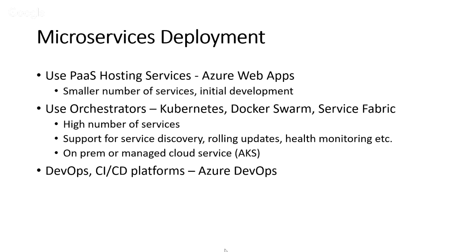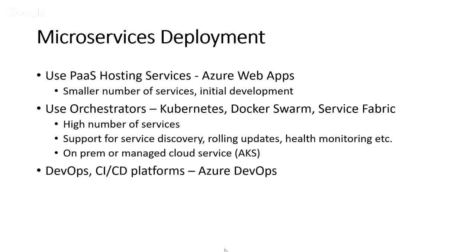But before I do that, another important thing when you come to microservices deployment, because it's quite a complicated thing, is to embrace something called DevOps. I guess you know what DevOps is.